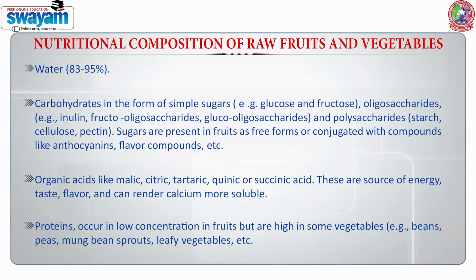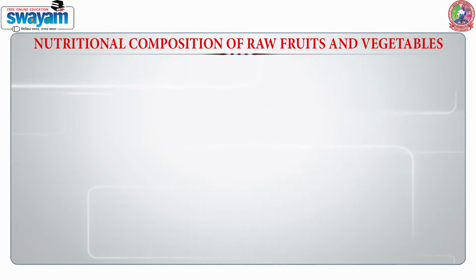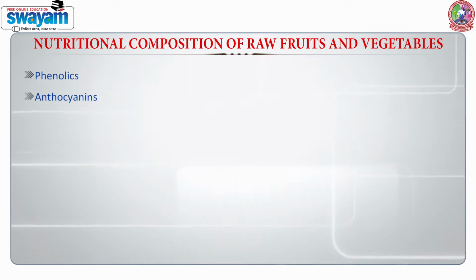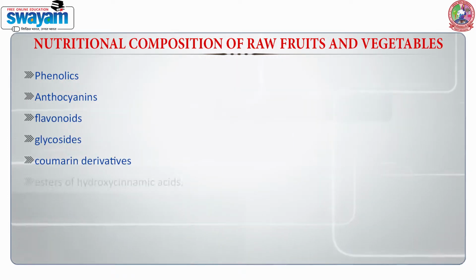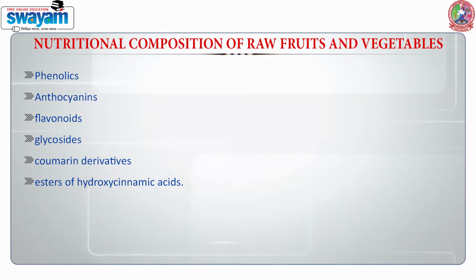Proteins occur in very low concentrations in fruits, but there are certain vegetables which are rich in protein content. Some examples are bean, peas, mung bean sprout, leafy vegetables, etc. Fruits also contain phenolics like anthocyanin, flavonoids, glycosides, coumarin derivatives, esters of hydroxycinnamic acid, and these collectively impart antioxidant properties.